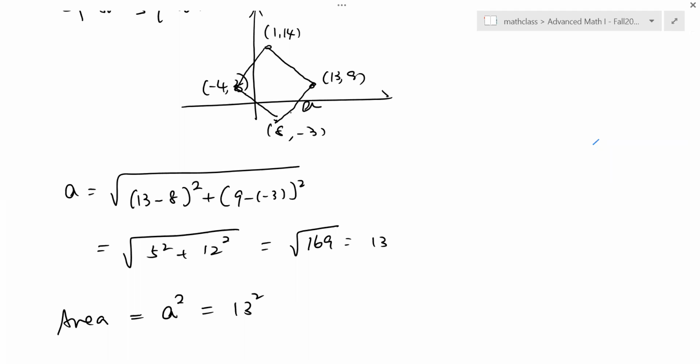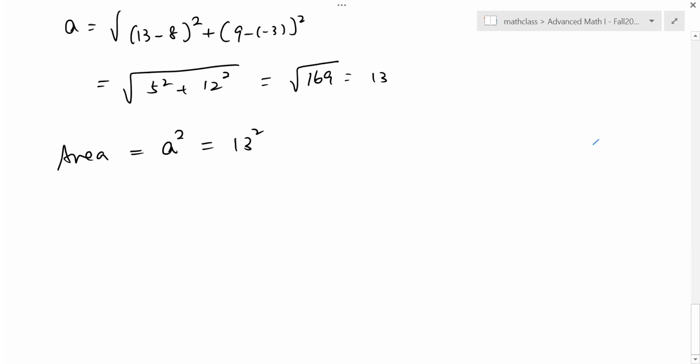If we just find out all the edge lengths are equal to 13, it does not prove it's a square. There are other shapes that are not a square, like a parallelogram. So in order to prove it's a square, you have to prove this is a right angle here. Okay. Question is how to prove that.